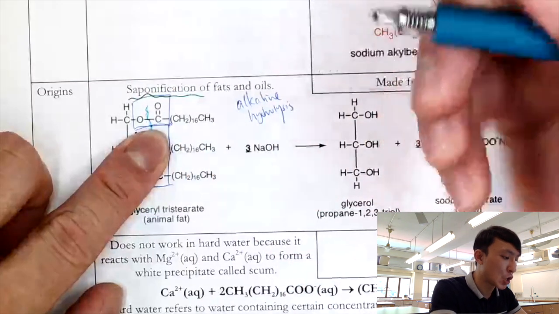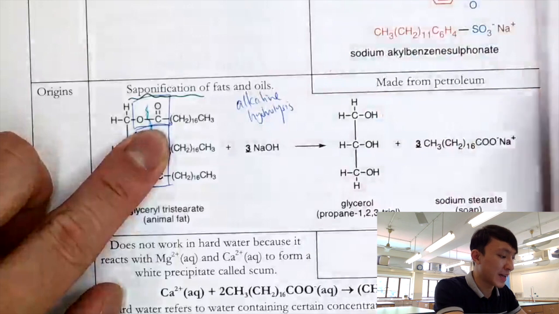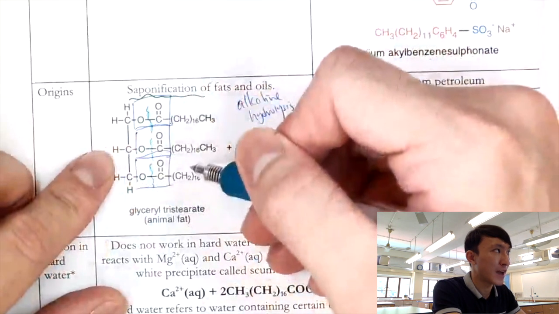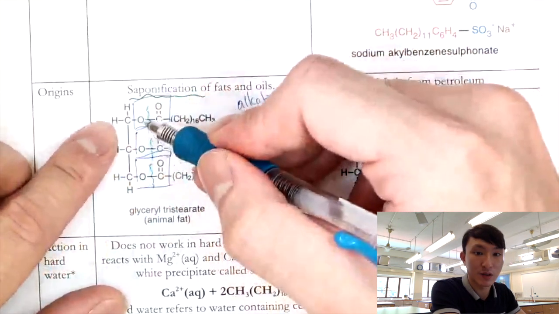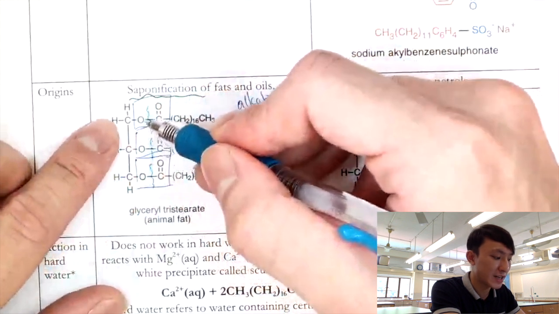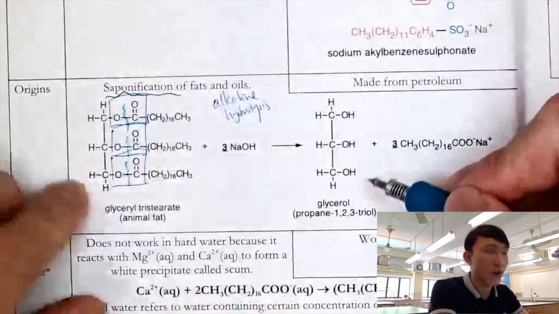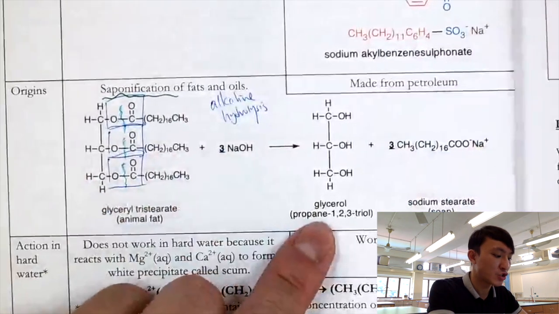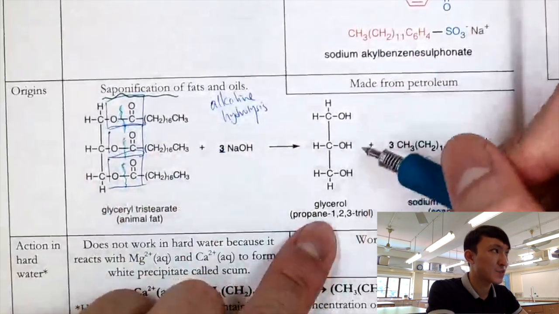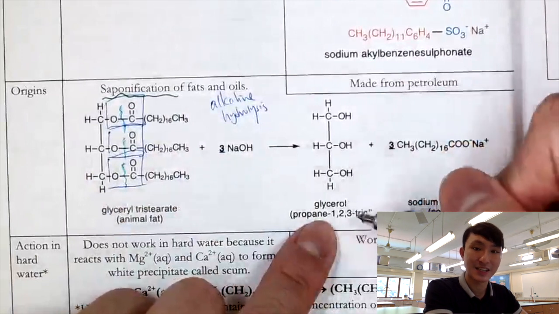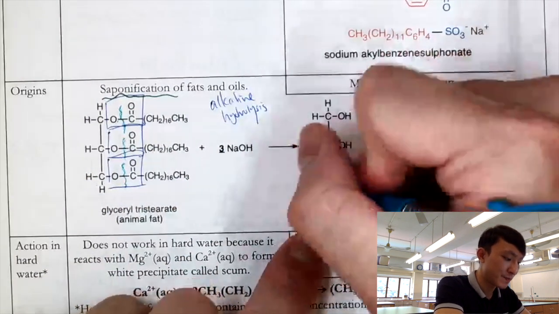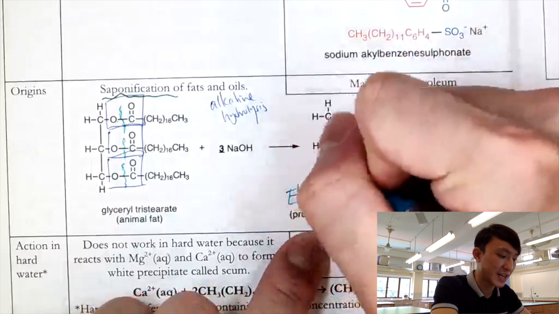All right? So if you look at the whole animal fat, you plug in the H on the alcohol part, so H in here, H in here, H in here, resulting in a trialcohol or triol. If you study biology, you know this is glycerol. Glycerol has a sweet taste.